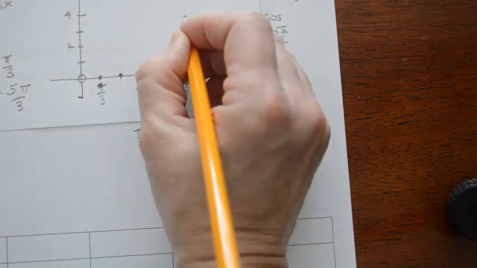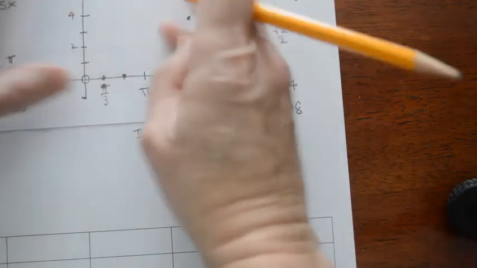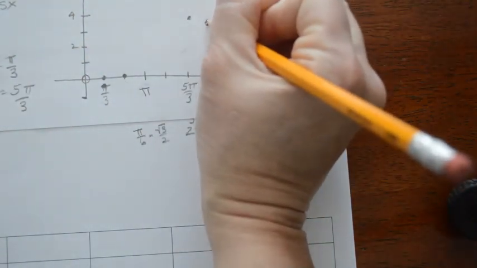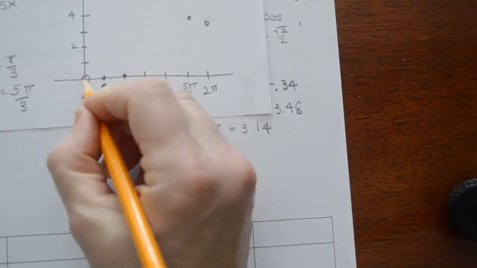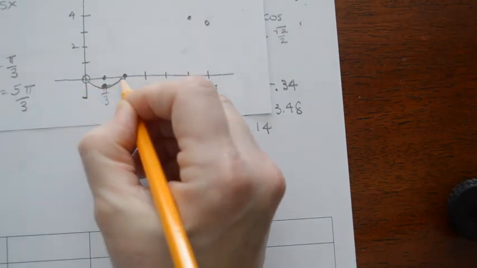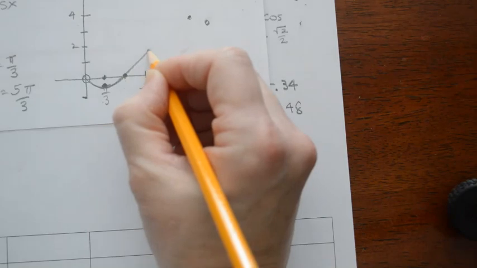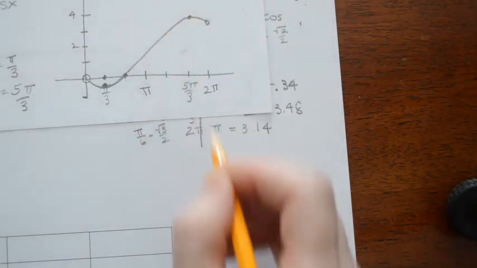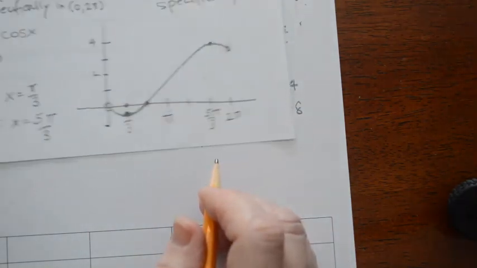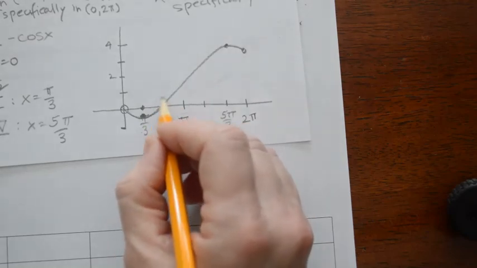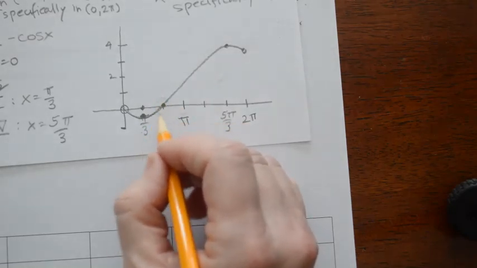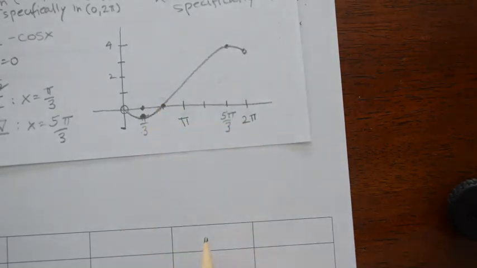So that's right here, let's say. This was a little too high. All right, and it's increasing, so it's got to look something like this. Decreasing, increasing, decreasing. So our function's going to look something like that. Again, that's probably not exactly 2 pi over 3, but it's somewhere close.